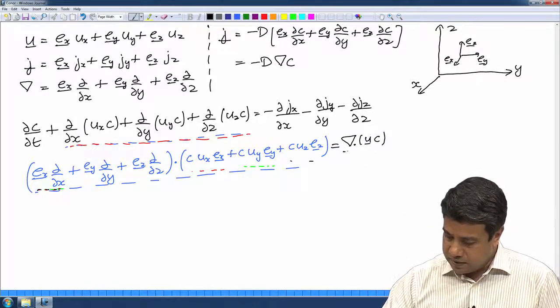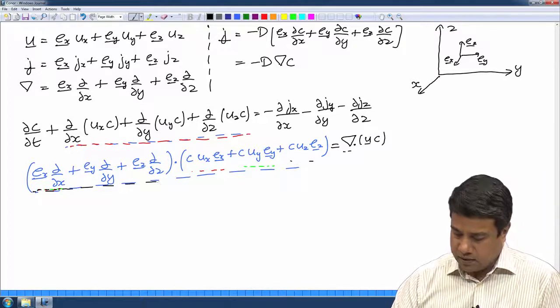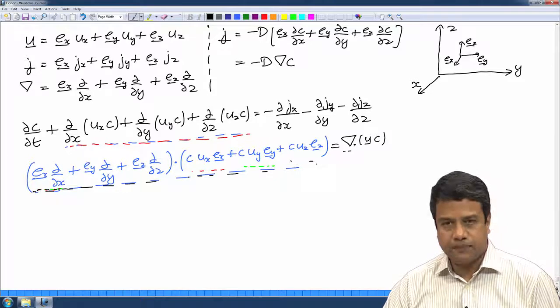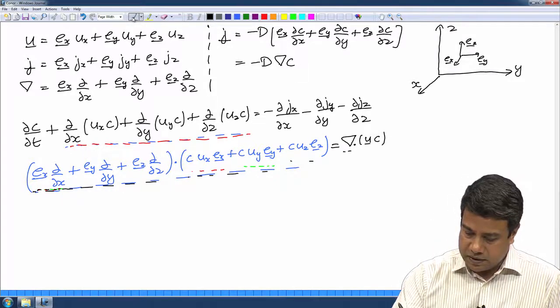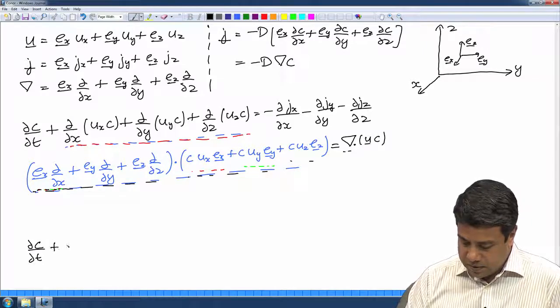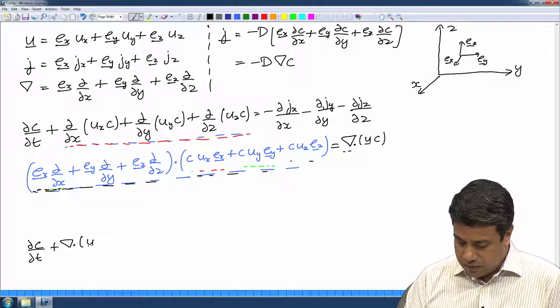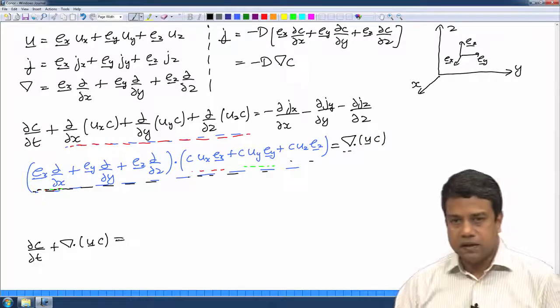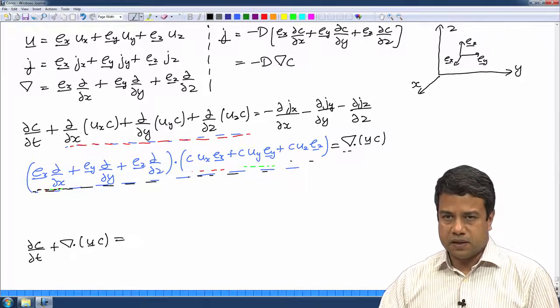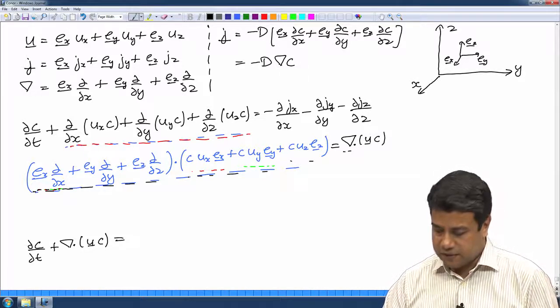So, this first term is the gradient operator dotted with the concentration times the velocity. Therefore, this second term in the equation can effectively be written as partial c by partial t plus del dot uc. This is called the divergence. The dot product of the gradient operator with a vector is called the divergence of that vector.